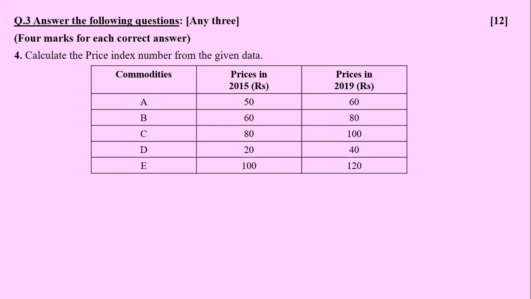Prices in 2019: 60, 80, 100, 40 and 120. Here, 4 marks for calculation of price index number. First, copy the table and write the summation values of respective columns. Write the formula for calculating price index. Put the values and then you will get the answer.